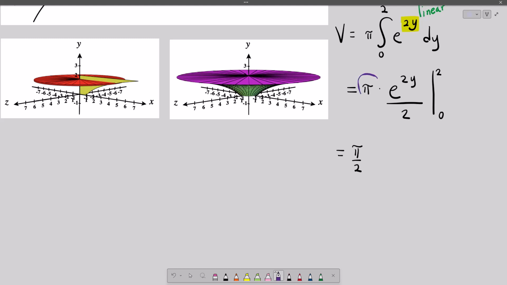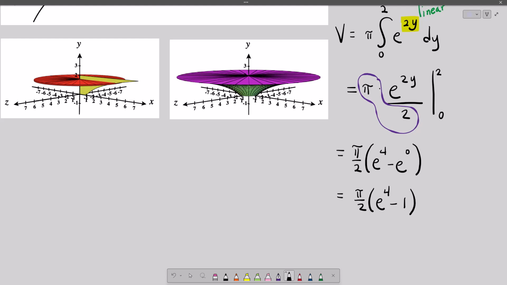So I'm just keeping this out in front. So now I'm going to plug in the limits just into the e piece of this. So we will have e to the 4 minus e to the 0. And of course, e to the 0 is 1. So we have e to the 4 minus 1. So there is the volume.